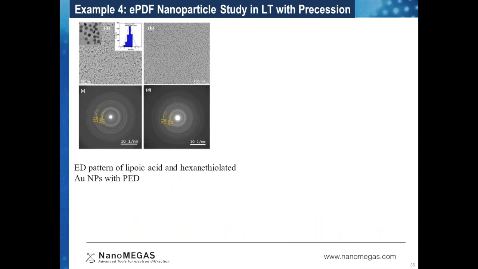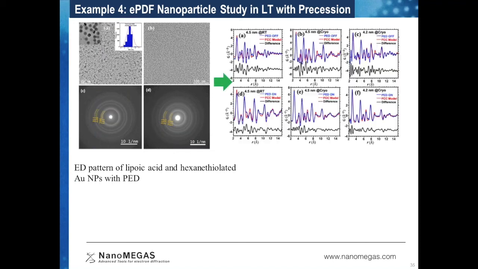Here, diffraction data from nanoparticles was collected with and without beam precession at two different temperatures, room temperature and liquid nitrogen temperature. We have seen the ePDF data obtained with beam precession and collected at low temperature give the best fitting during the structural modeling.